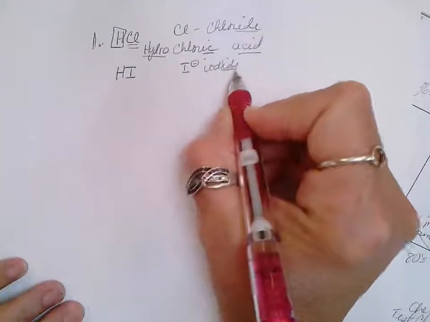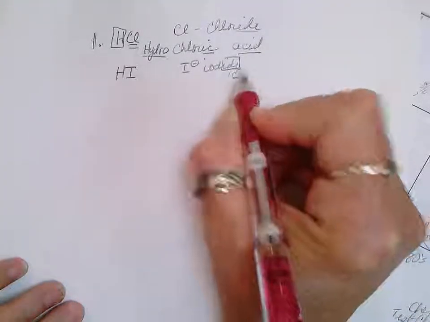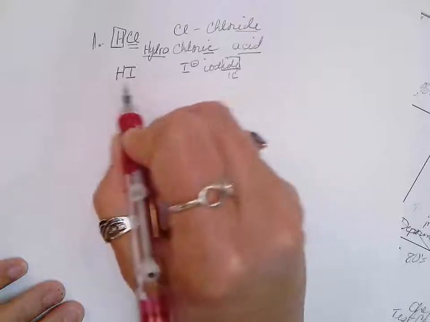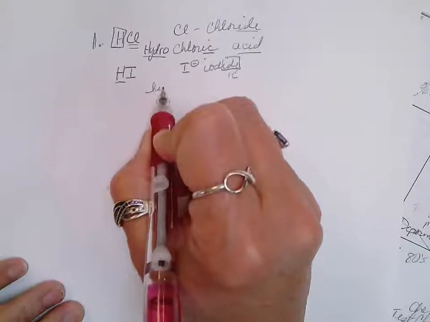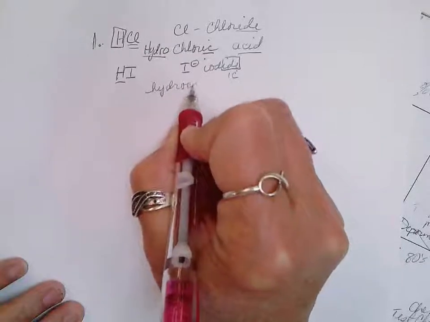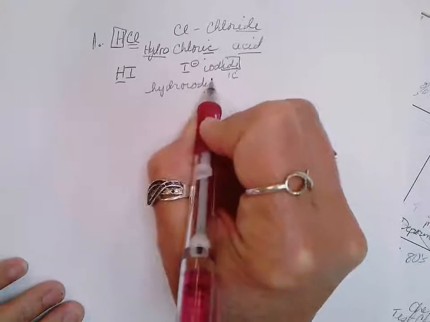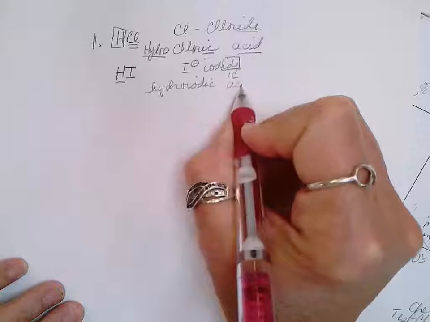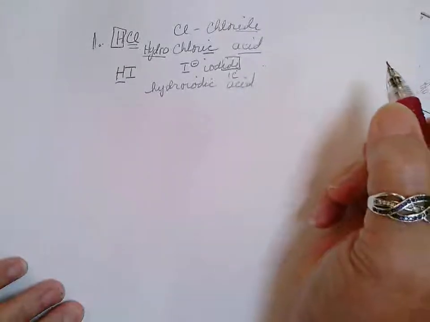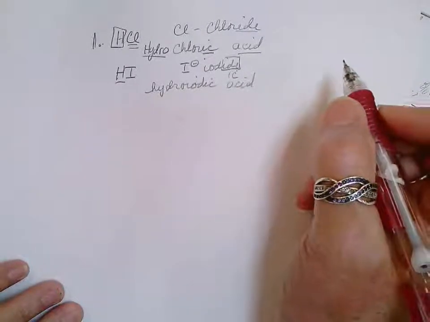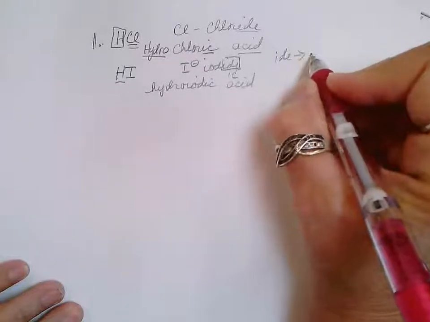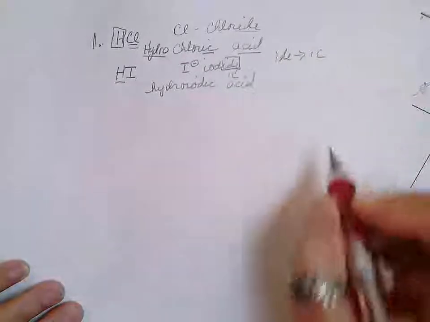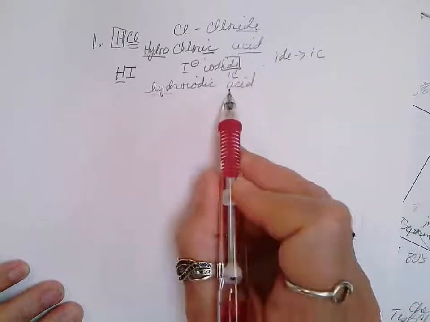We're going to change that IDE to IC, and we're going to add hydro, signifying this H. So that would be hydroiodic acid. These are pretty straightforward. So you just change IDE to IC. We add the prefix hydro, and we add the word acid.